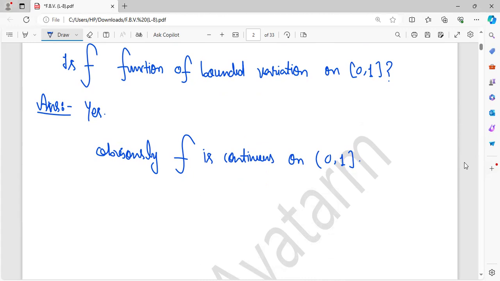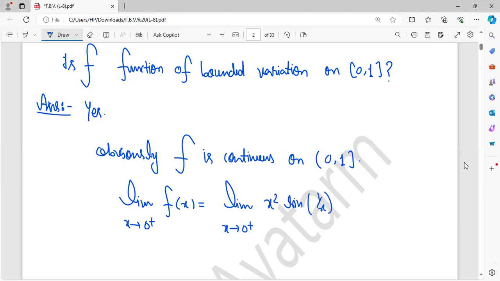So let's check. What is the limit as x tends to 0 plus of f(x), which is the limit of x square sine 1 upon x? Take its absolute value.